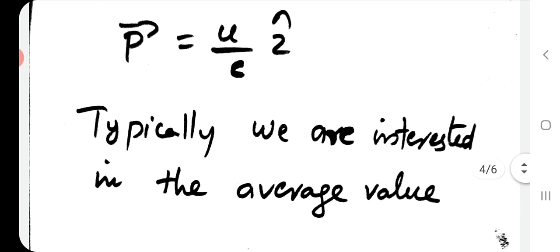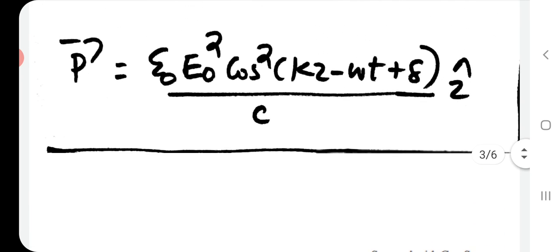Now we are interested in the average value. Since both the energy density and momentum density contain this cos square term, and the cosine term is continuously varying, and for typical electromagnetic waves this variation is so fast, when you make some measurement, several cycles would have passed, because these cycles have a very short period.